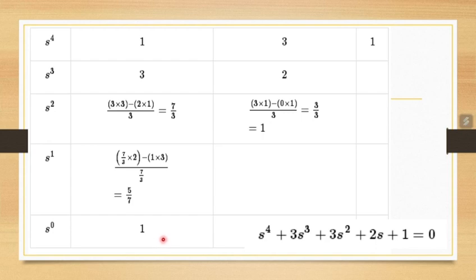You can see here this is the first column for our consideration to determine the stability of the characteristic equation or the control system. So we'll consider the elements of the first column: 1, 3, 7 by 3, 5 by 7, and 1, right? You can see all these values are positive, there are no negative values here.